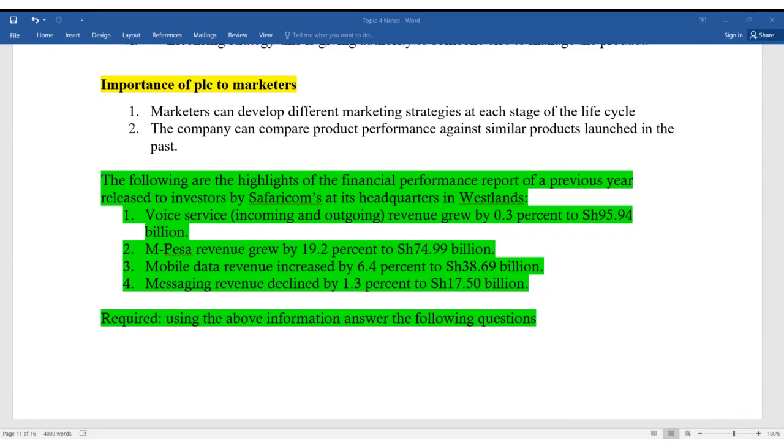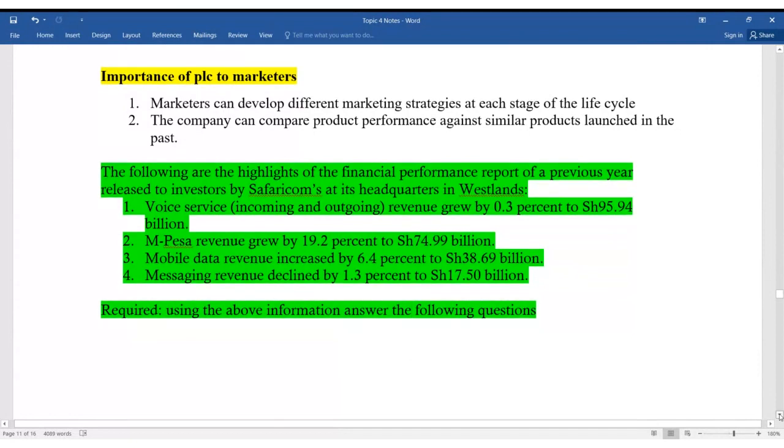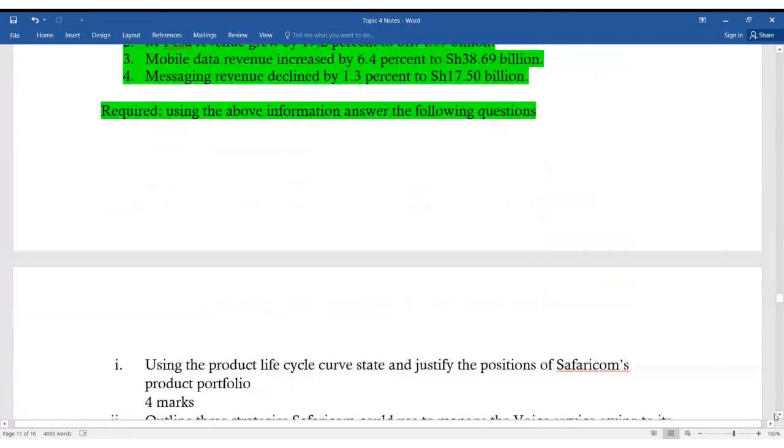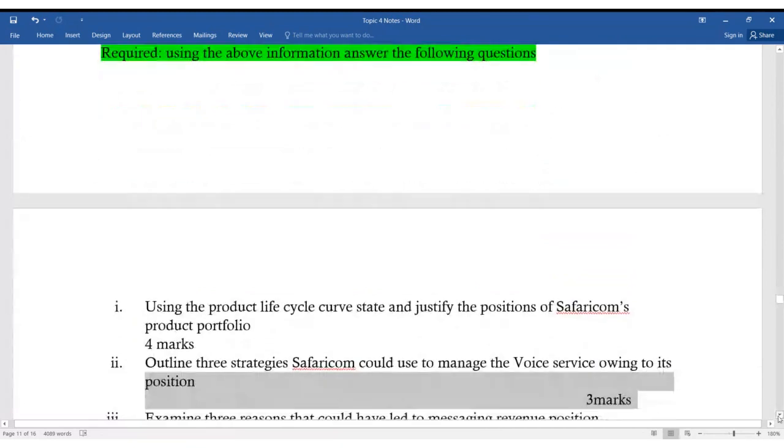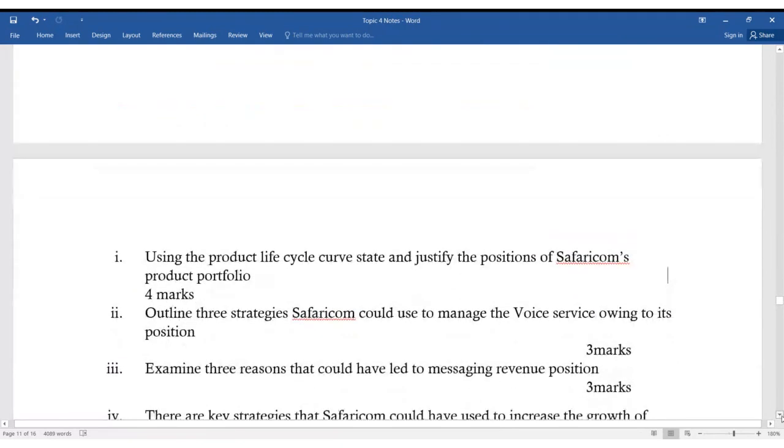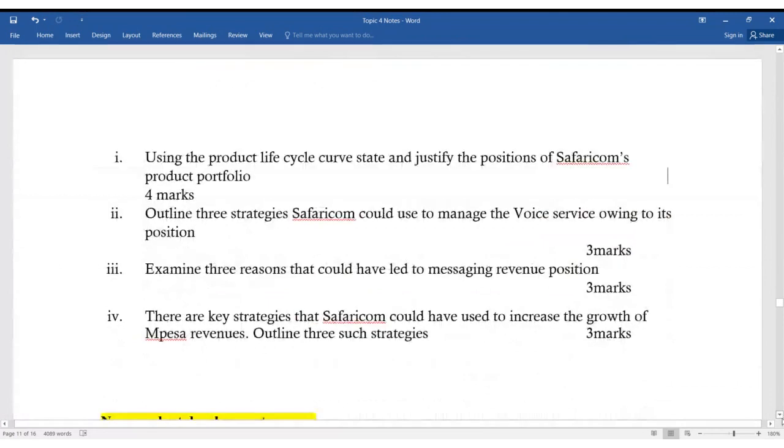You can be able to refer to them for you to do the 4 areas that I told you about, the product life cycle. Are we together? Now, look at these questions that I've put there about the Safaricom.